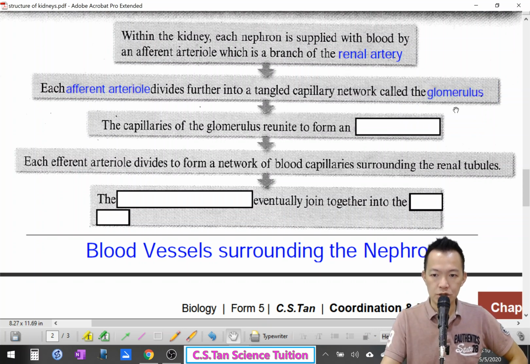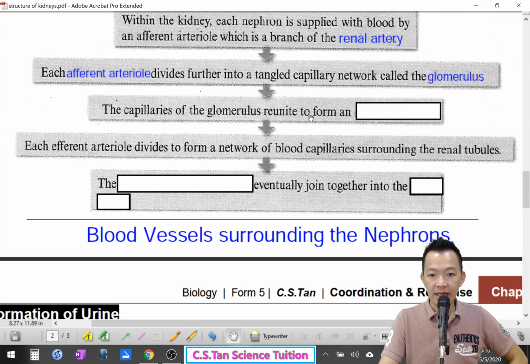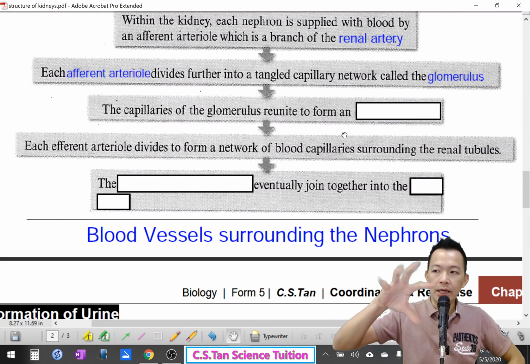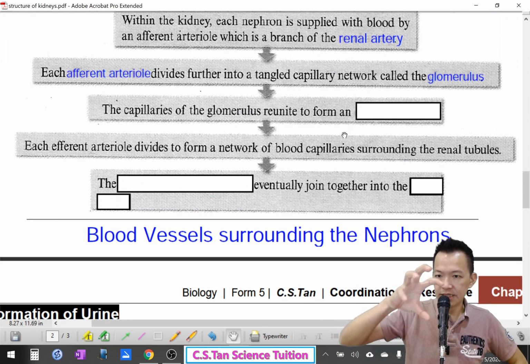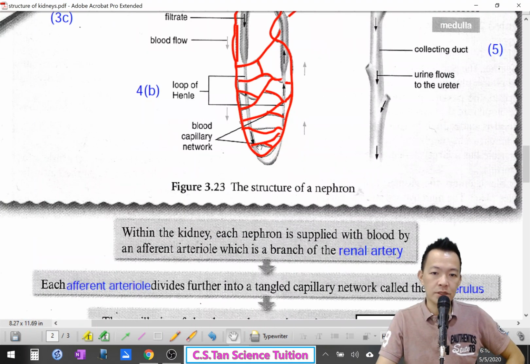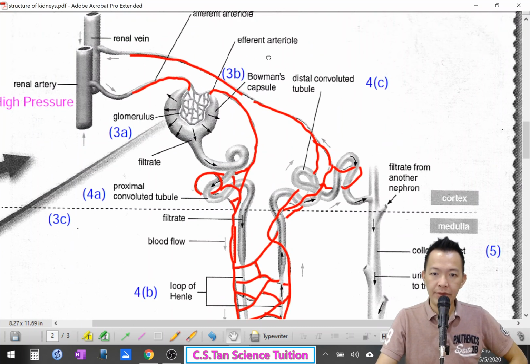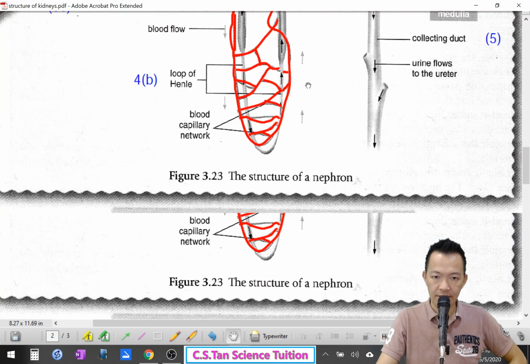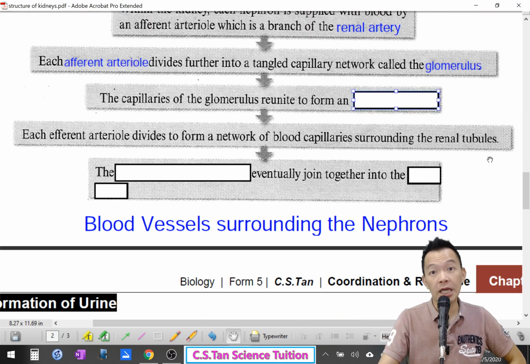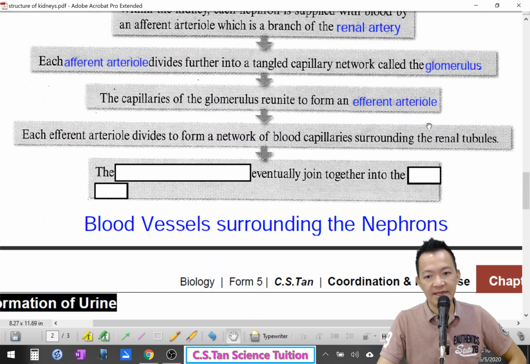called the glomerulus, 就是肾小球 glomerulus. The capillaries of the glomerulus reunite to form the efferent arteriole. Okay, all the blood capillaries of the glomerulus reunite, 它们重聚团圆, and finally become the efferent arteriole 就变成跑出来的动脉.